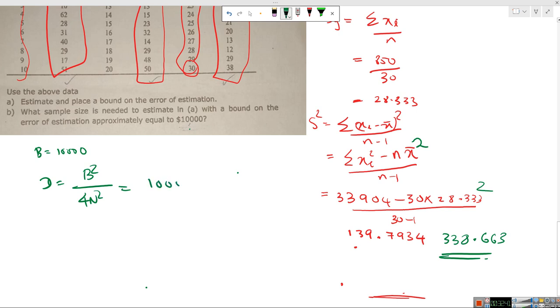So 10,000 squared divided by 4 into 1500 squared. So now this is equal to 11.1111.